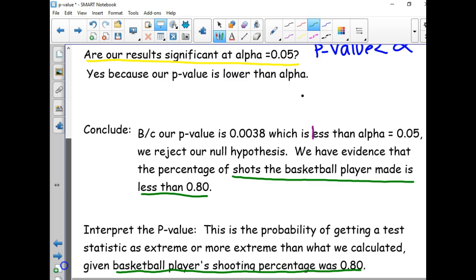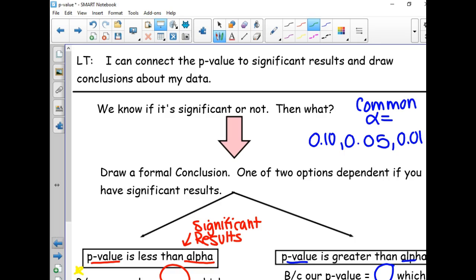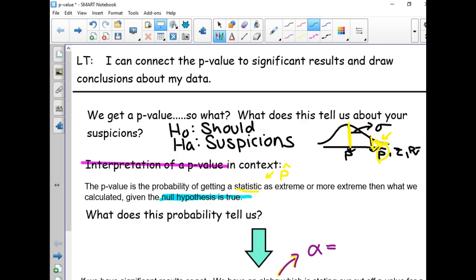So the p-value is the probability of getting our statistic, that 32 out of 50, given this is true. I literally just took my p-value interpretation right here, and I filled in the null hypothesis.